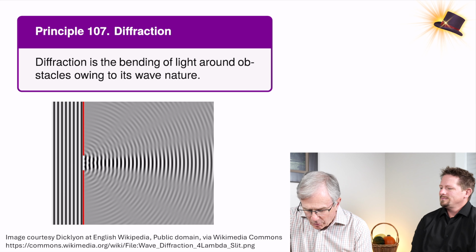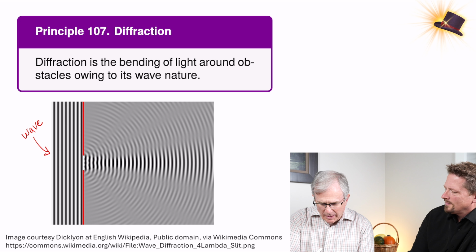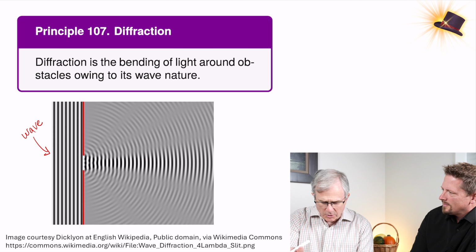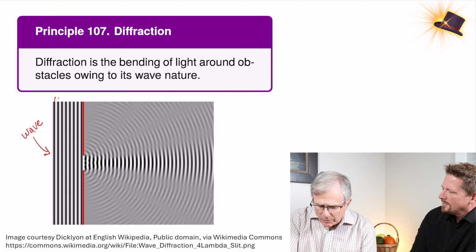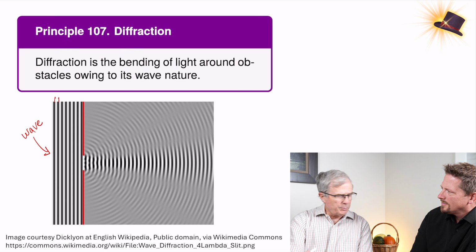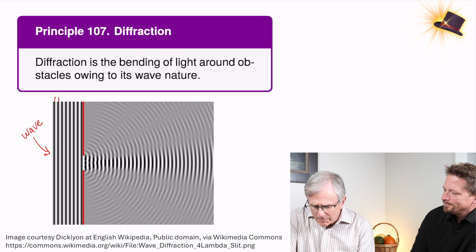So in this graphic, we have light, or any kind of a wave actually. The vertical black lines correspond to troughs in the wave, and the white lines correspond to peaks in the wave. So the distance between these two black lines would be the wavelength. Then it hits this obstacle.